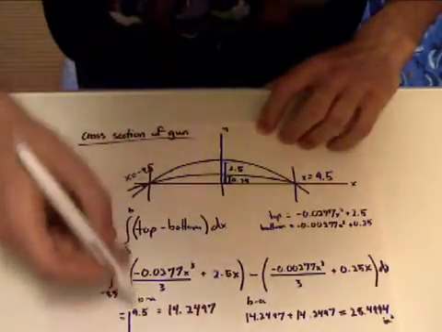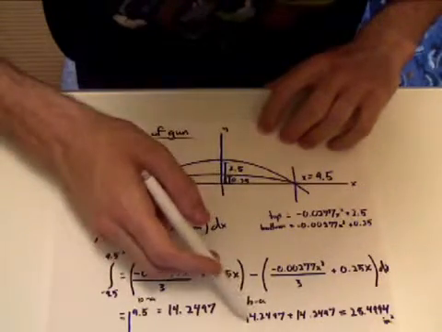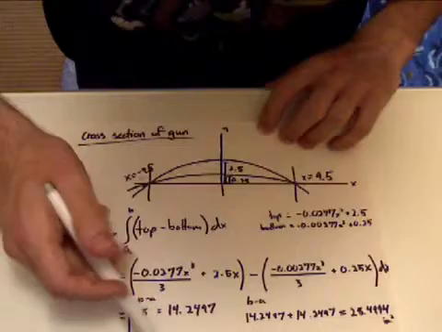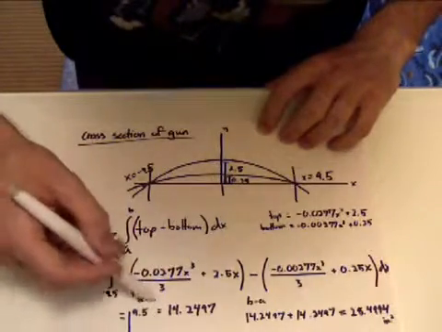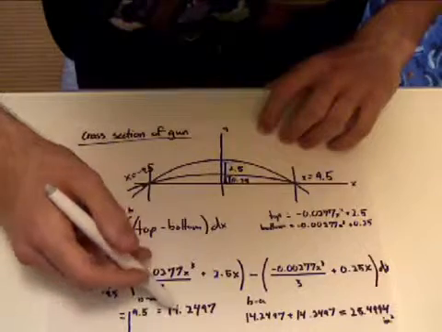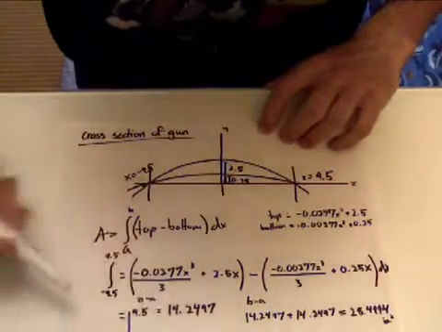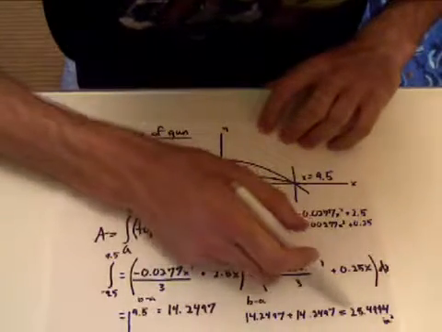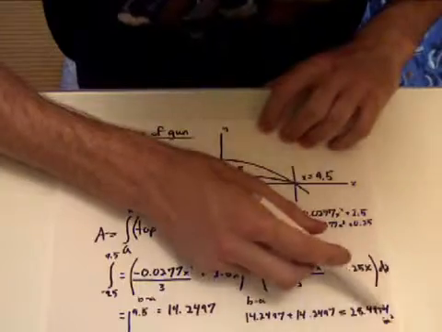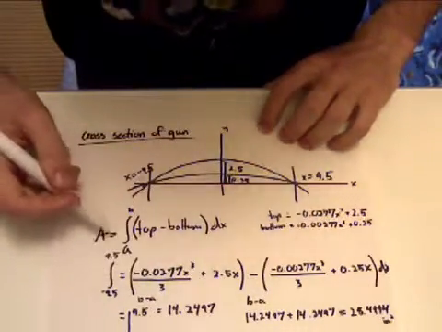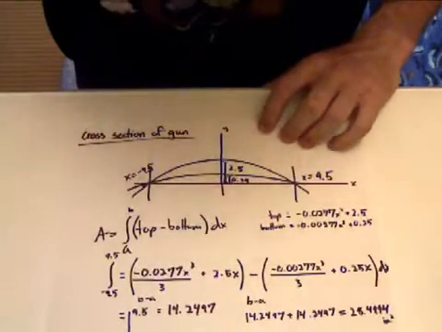And then you plug in negative 9.5, and again you get negative 14.2497, but since it's b minus a, you get 14.2497 minus negative 14.2497, which yields you 2.84994 inches squared for the total cross-sectional area of a gun surfboard.